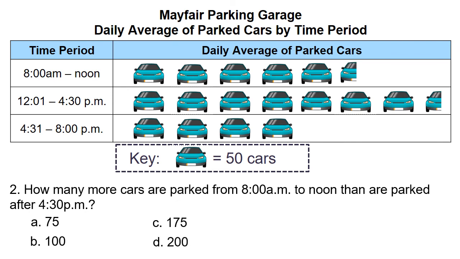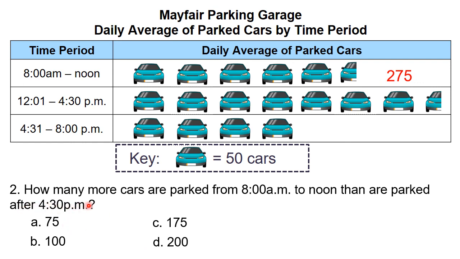So we're going to take into consideration what time period is being asked here. So 8 a.m. to 12 noon is this one. Okay, so how many are there? 275. 1, 2, 3, 4, 5 times 50 is 250 plus half, 25, so 275.